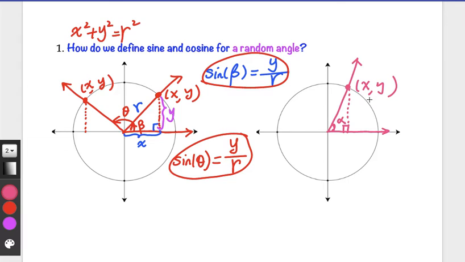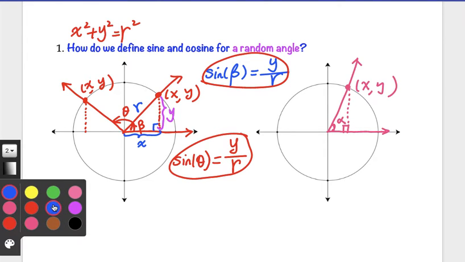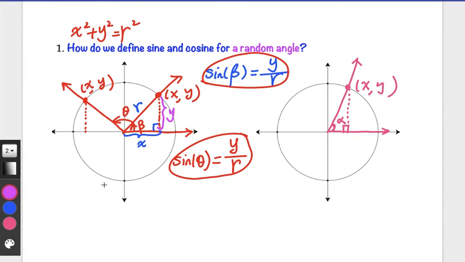According to cosine, as we defined before, it is adjacent side over hypotenuse. Let's quickly label what is adjacent, what is opposite, what is hypotenuse. The hypotenuse is actually our radius, because for any position of the point, the distance between the center and the point is the radius. This piece is x, because this is how we read the coordinates, and the vertical piece is going to be y.